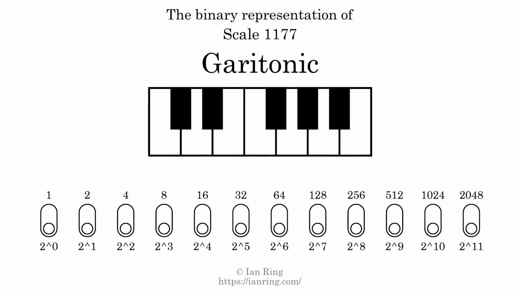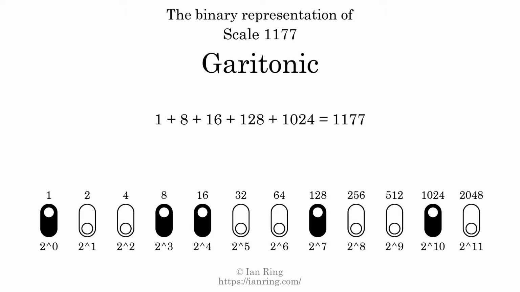The binary representation of this scale is determined by mapping tones of the scale to binary digits. Each binary digit represents a power of 2. To get the scale number, we add the powers of 2 together. The powers of 2 that are present in the scale, all added together, equals 1177.